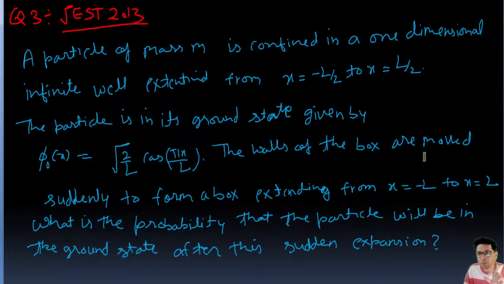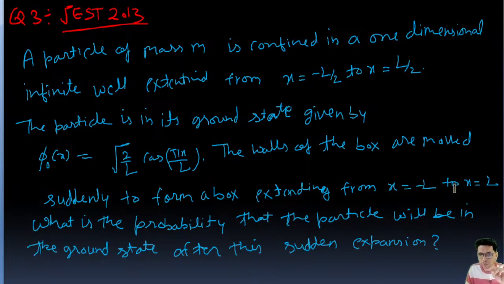The walls of the box are moved suddenly, so we have moved the walls to form a box extending from x equal to minus L to x equal to L. So the width is double the previous one.